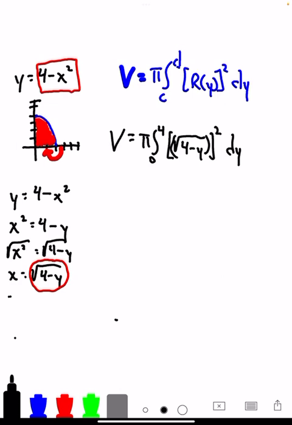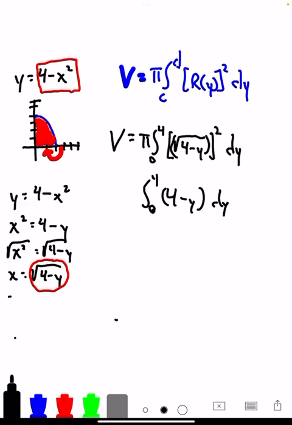So the antiderivative, let's do the square root. The square root of 4 minus y squared, we remember that's just going to cancel out. So that's just going to be 4 minus y. And now we find the antiderivative.